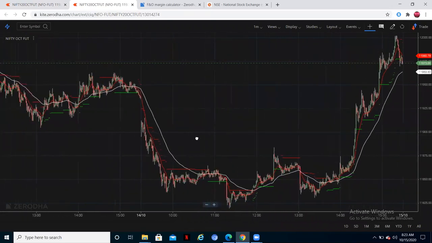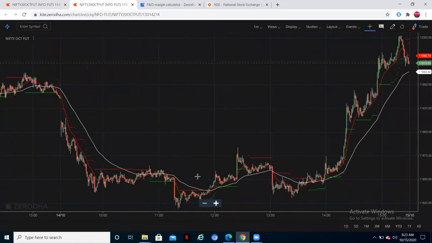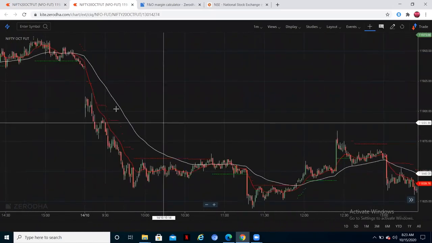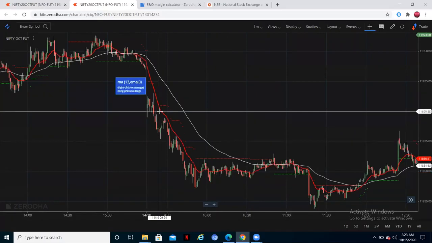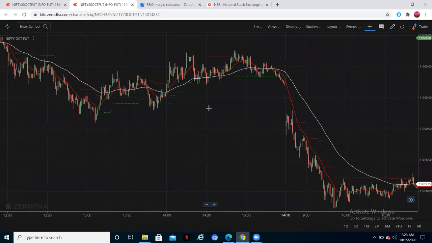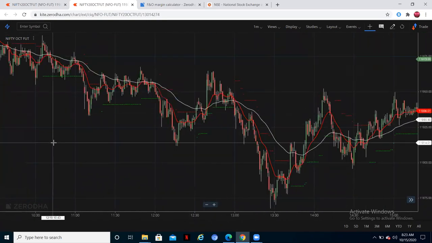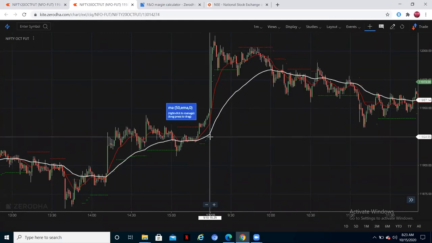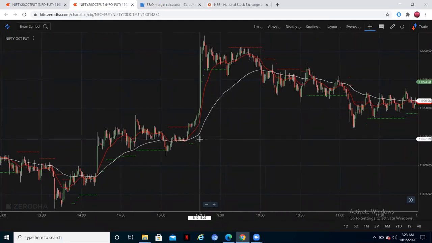The first one is you can trade in the pre-open market. In case you are willing to trade in pre-open market, make sure the candles are safe. The candles must be very safe. Only if the candles are safe is the trend going to continue. Most of the times in the pre-open market, the trend is going to reverse, because the pre-open market reverses because of the global sentiments as well as the news.